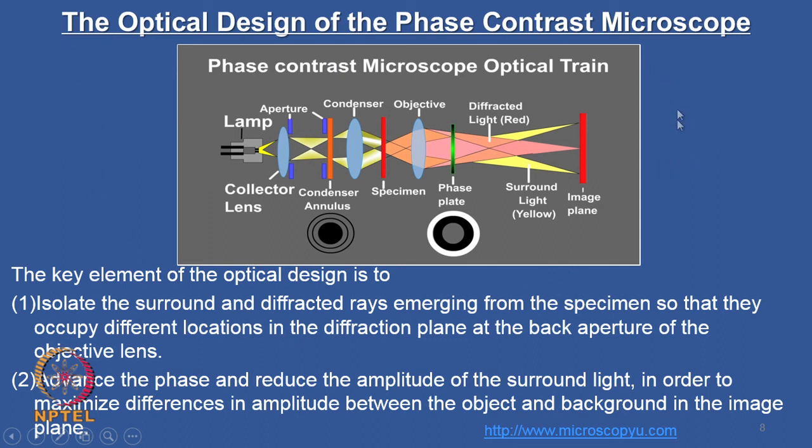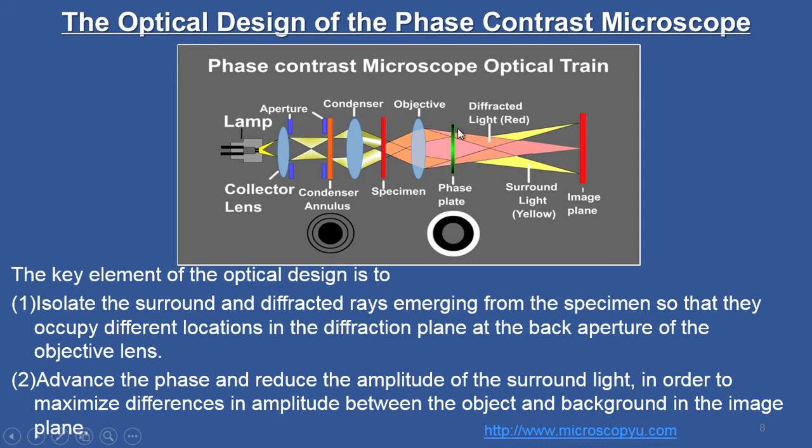Look at this schematic. You have the light source, the aperture lens, and a condenser annulus, like the opaque stop which I mentioned, and then you have a condenser, specimen, objective and then a phase plate.